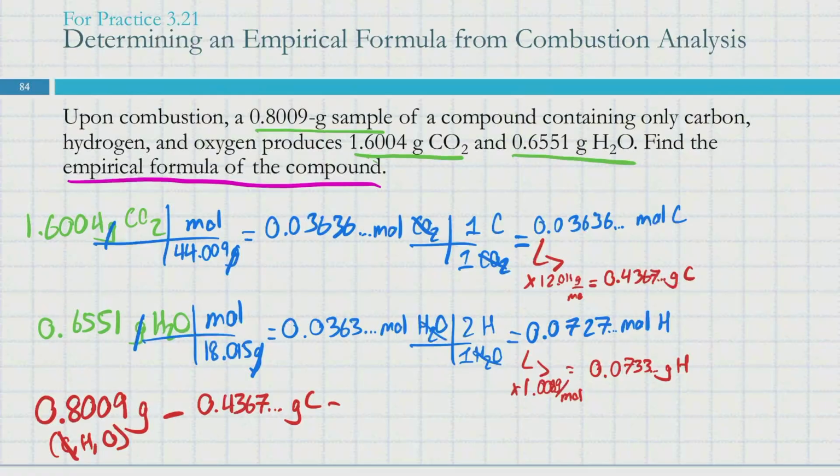If we also subtract our grams of hydrogen, then it'll no longer have the hydrogen, and all that's left would be the grams of oxygen. So we've got 0.2908 and change grams of oxygen.